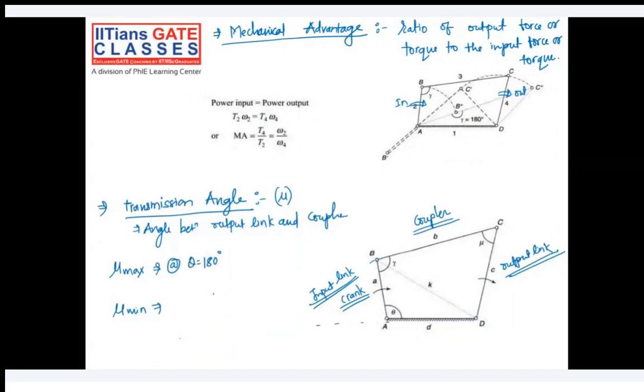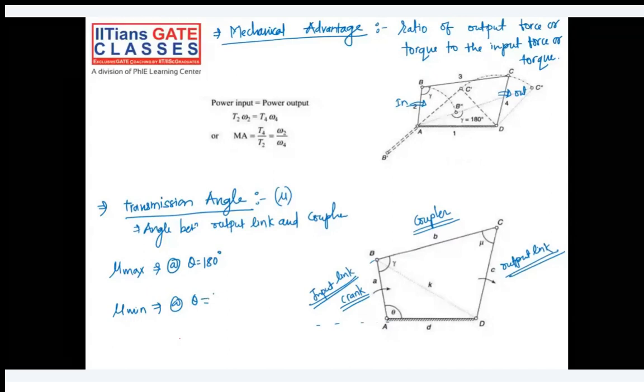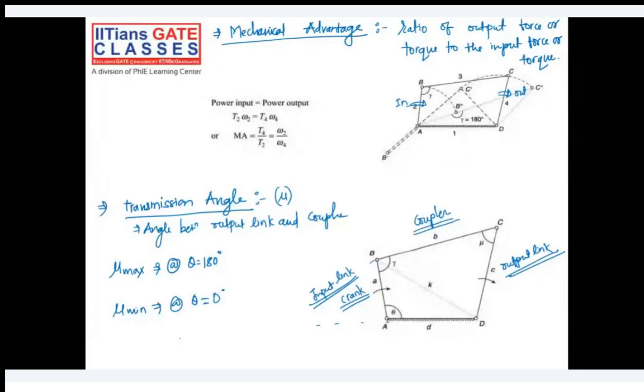When your theta is... correct. Because at that particular point, I'll just try to show you how this diagram will look like roughly. It may not be exactly the same, but I'm trying to explain this. So this is the case of link A, link D, B and C, and this is your mu max.